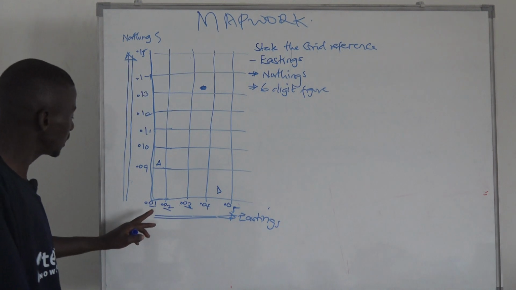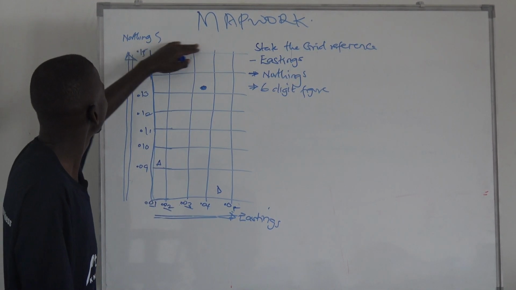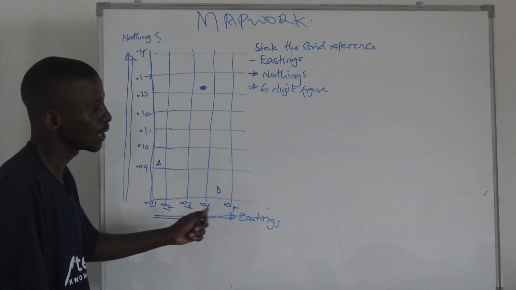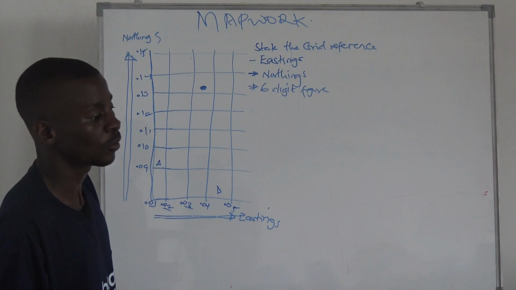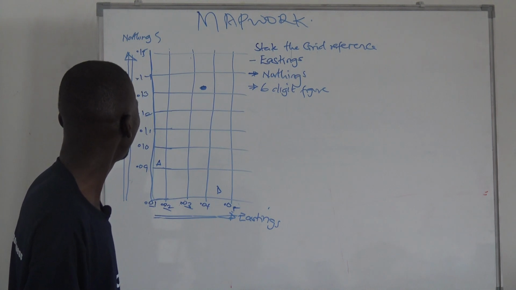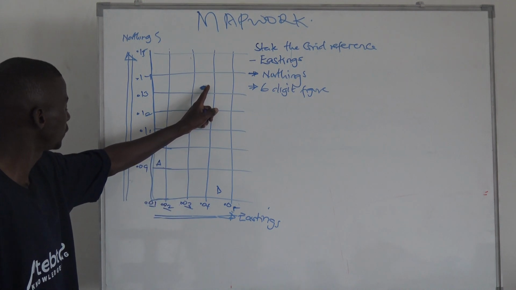What are the eastings? Eastings are these figures down here or up here. The ones up or down, they are the same. Those ones at the sides form what we call the northings. So, what is the grid reference of this?